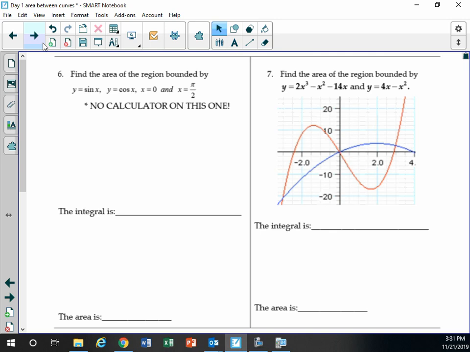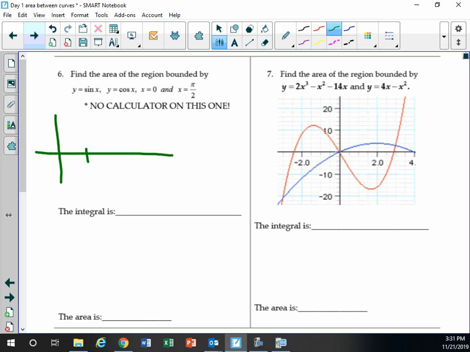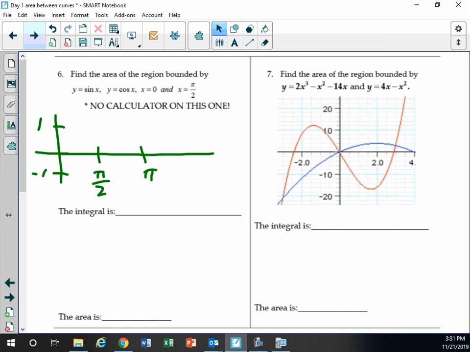So it's really important that you talk about where this is located because that will make a difference for this one. So if I talk about graphing this, here's pi over 2 and here's pi because I typically do 0 to pi.